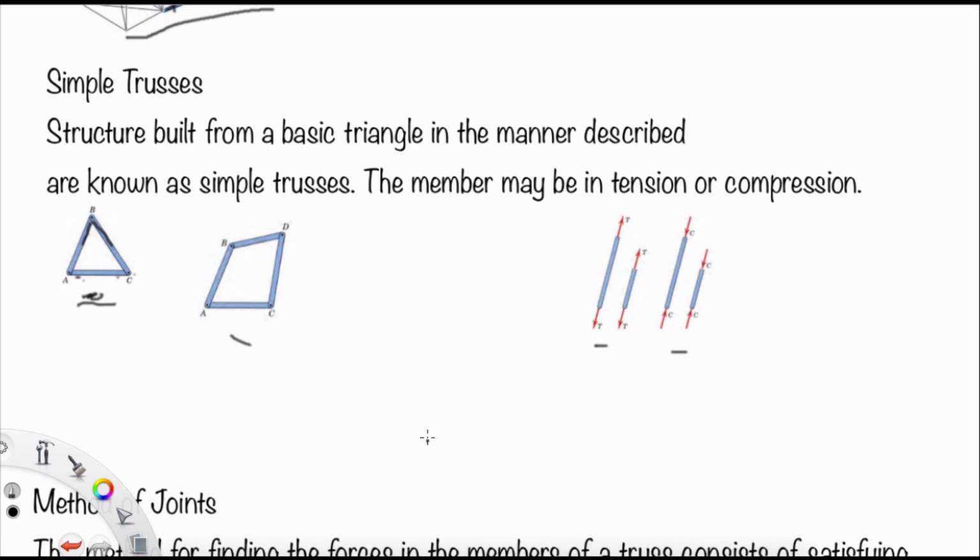Rigid here is used to mean non-collapsible, and also to mean that the deformation of the members due to induced internal strain is negligible. That's the meaning of rigid in the structure. A structure built from a basic triangle in the manner described is known as a simple truss, like this one.